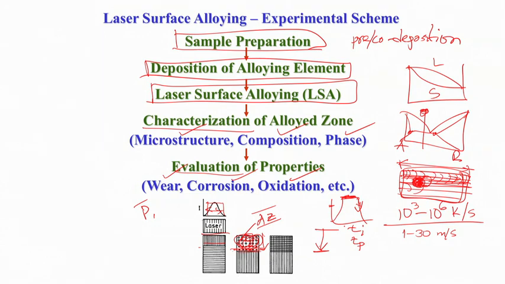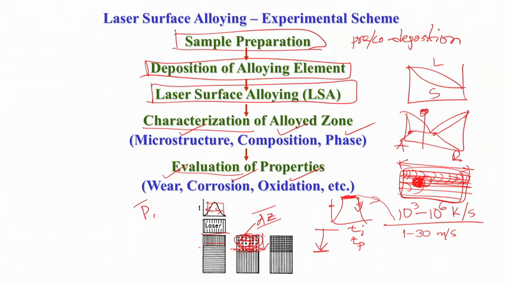So you retain a uniform, homogeneous alloyed layer until room temperature, and you don't allow any phase separation. Instead, in a normal equilibrium process, you would probably cool at a very slow rate like this.